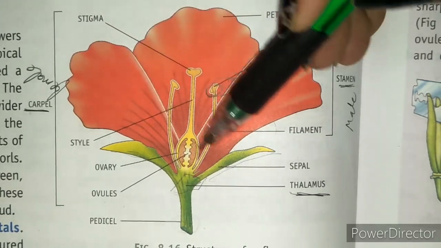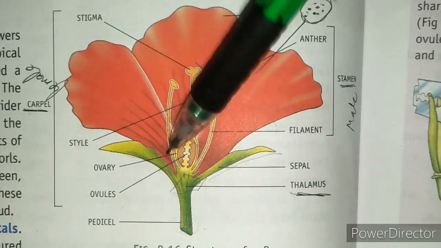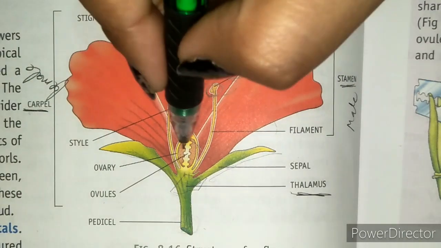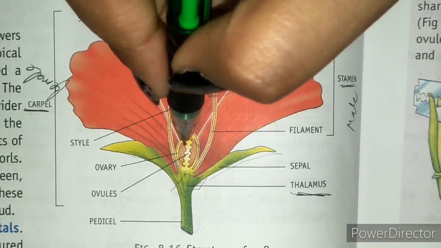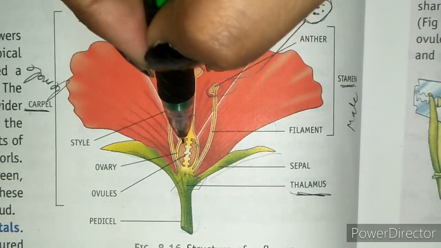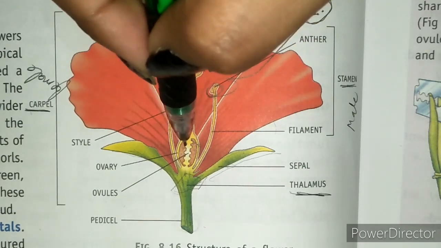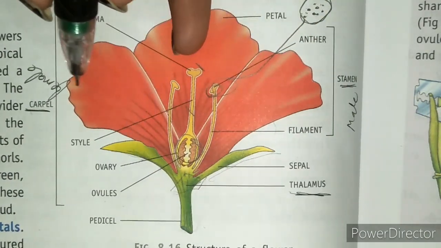Look at this: first, second, and this third. Got it? First of all we have the ovary. Ovary means where eggs or ovules are present. Got it? Here ovules are present. So these are ovules. Look at this carefully. These colored ones are ovules, and this complete structure is called the ovary.